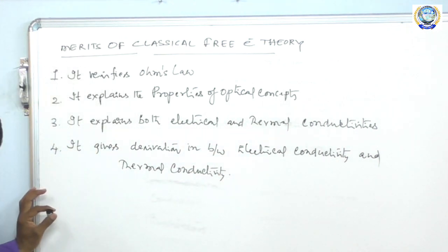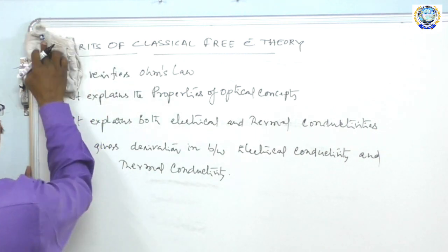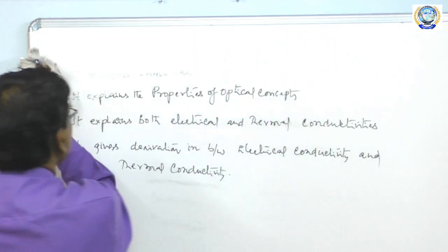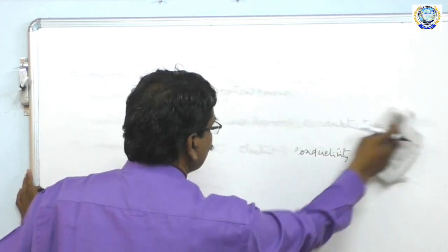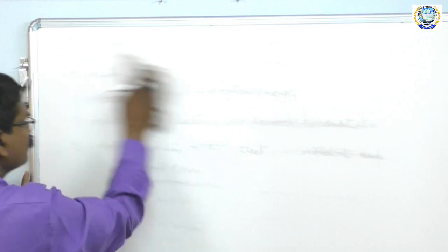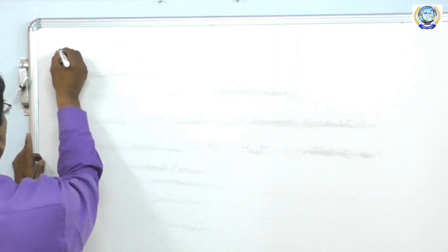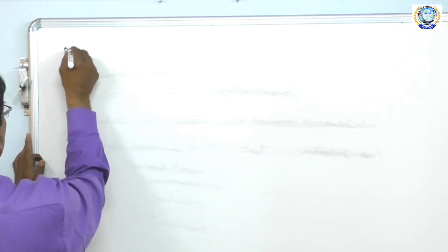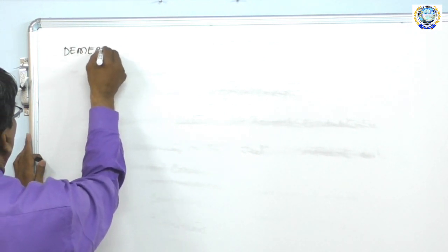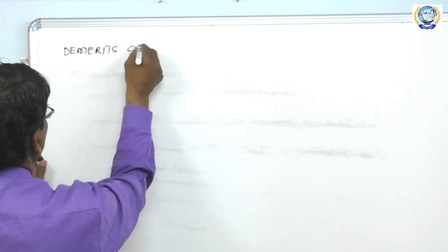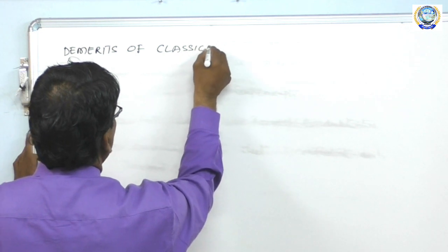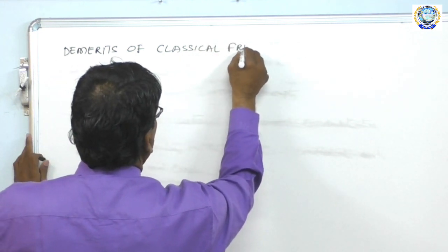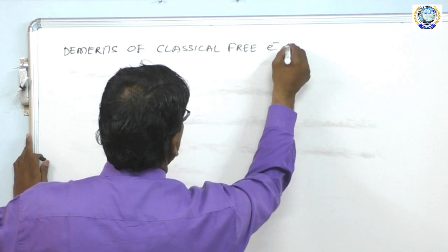Next we'll go for demerits of classical free electron theory.